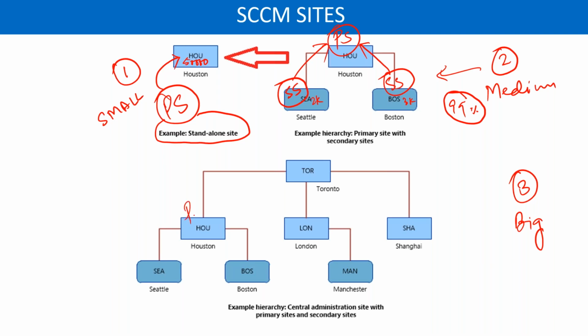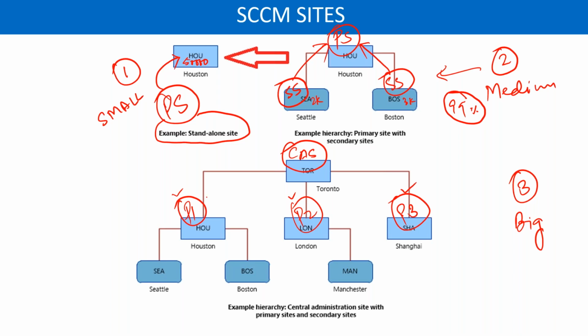You need primary site 1 in the Americas region, primary site 2 in the Europe region, and primary site 3 in Asia Pacific. This primary site will be managing all the devices in Americas, this one all the devices in Europe, and this one all the devices in APAC. And all these will report to the central administration site.